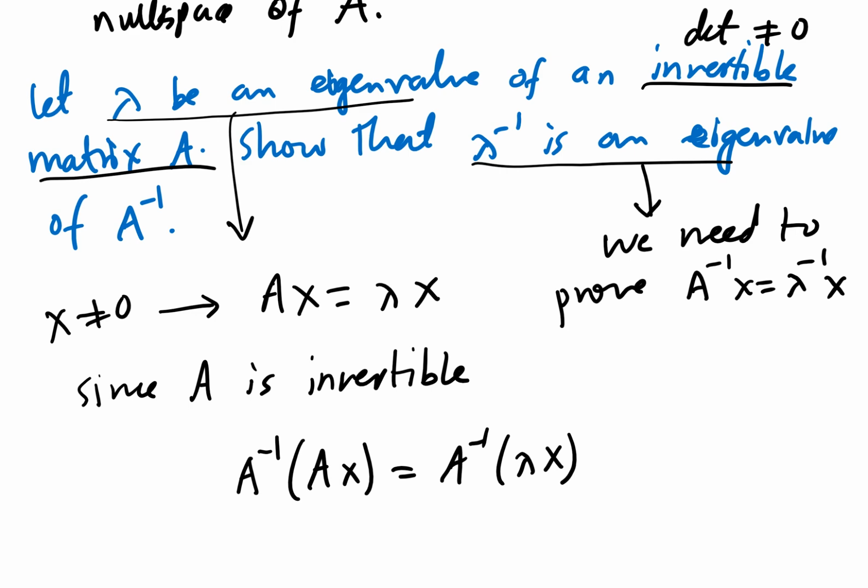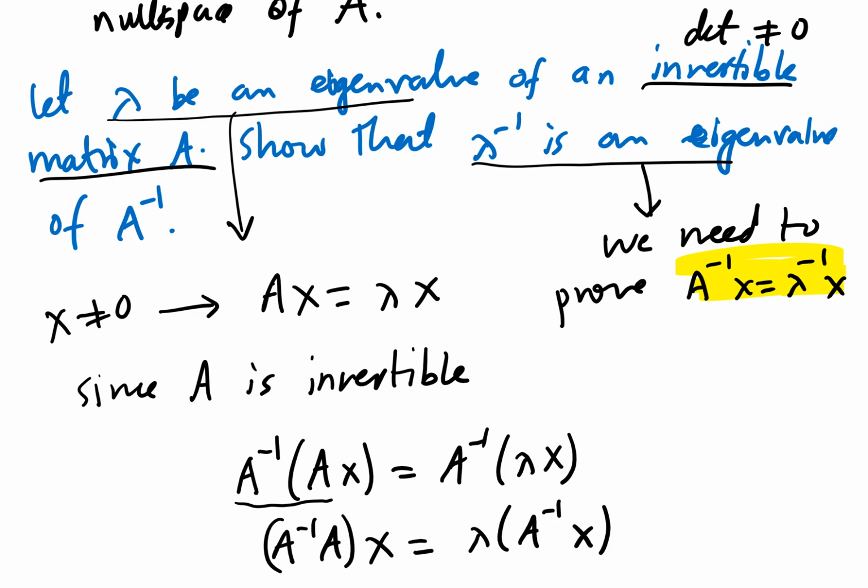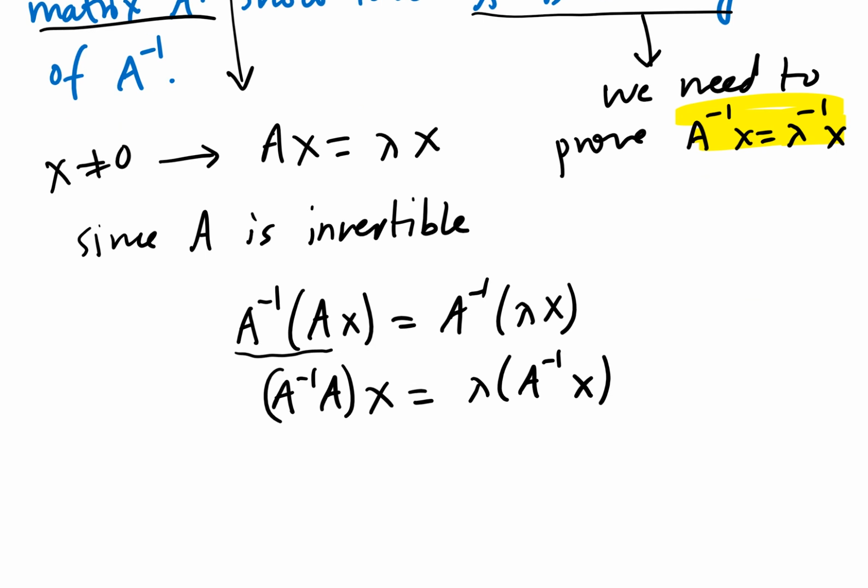Keep an eye on what we need. So A inverse times A is the identity matrix, and I can bring the lambda out as a scalar. X equals lambda A inverse X.